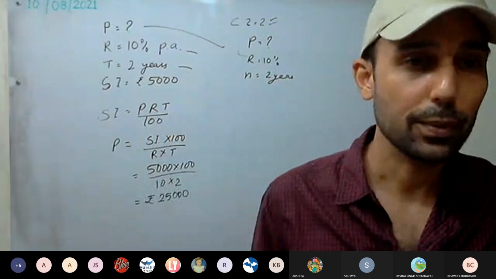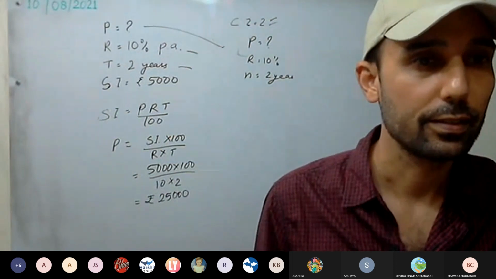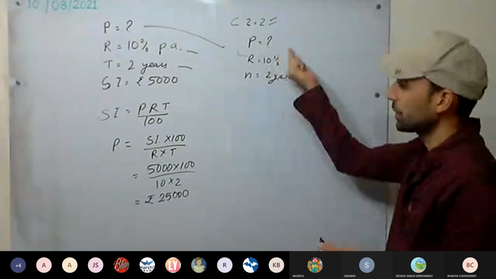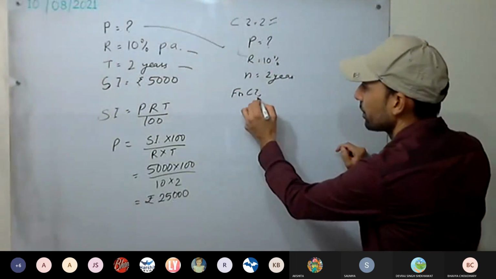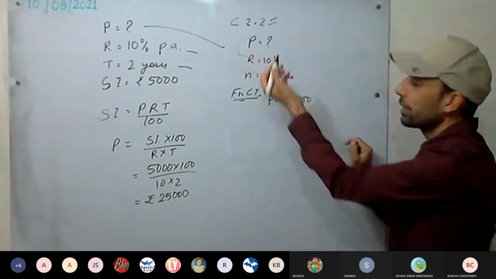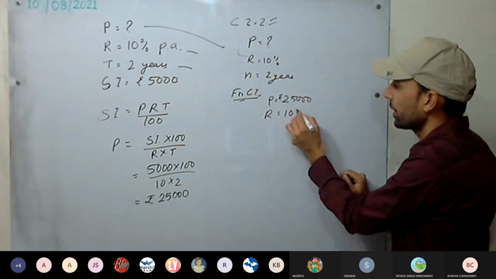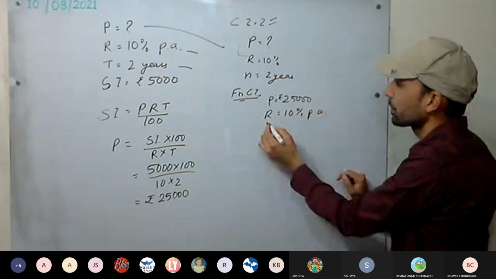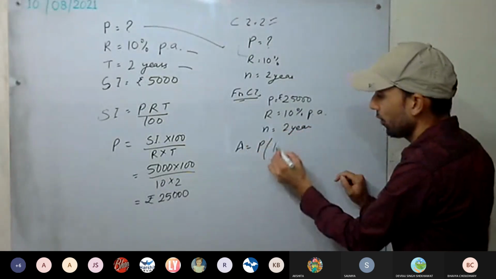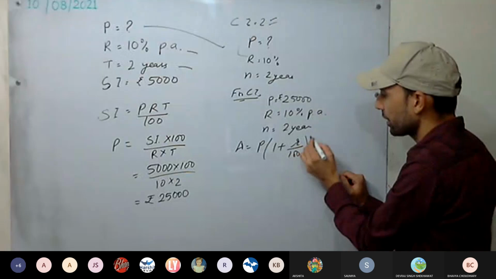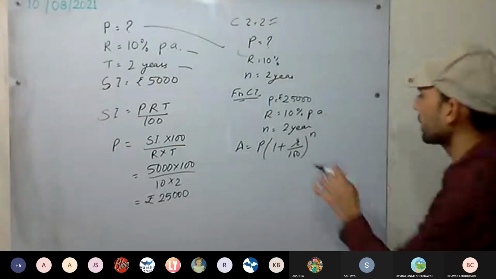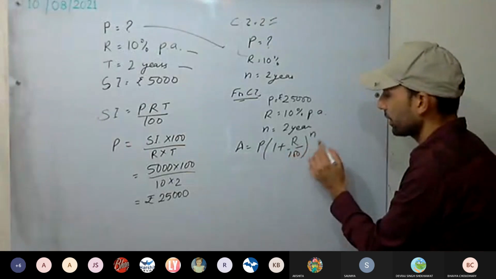Okay. Now use that principal and calculate the compound interest. Everyone use this as the principal here. P equal to 25,000. Rate, same rate, 10% per annum and 2 years. So A equal to P(1 + R/100) raised to power n.